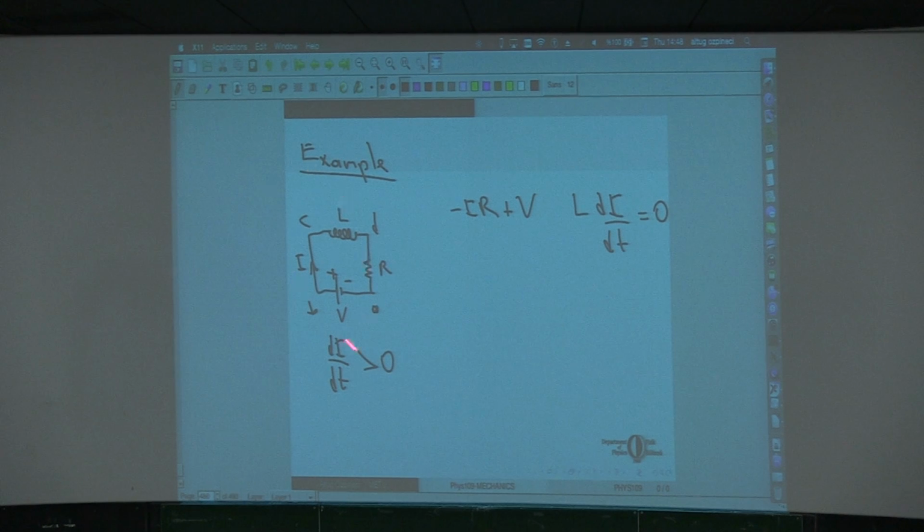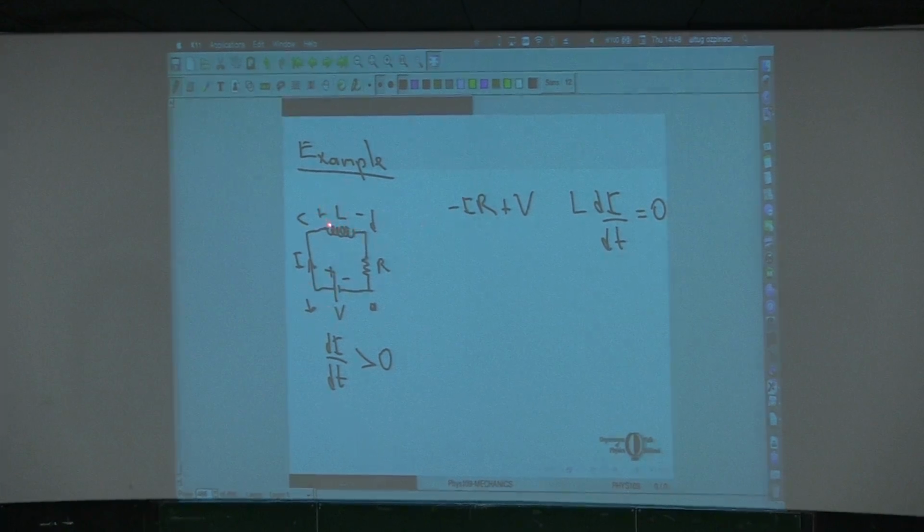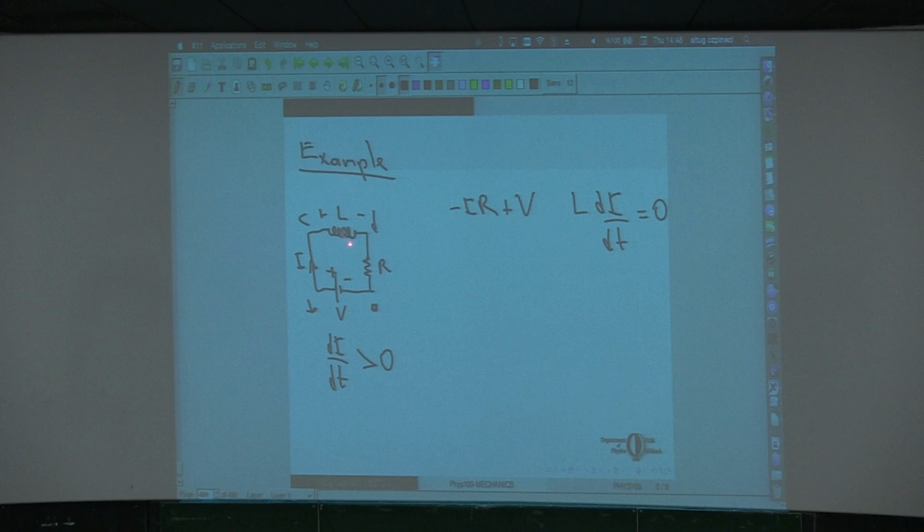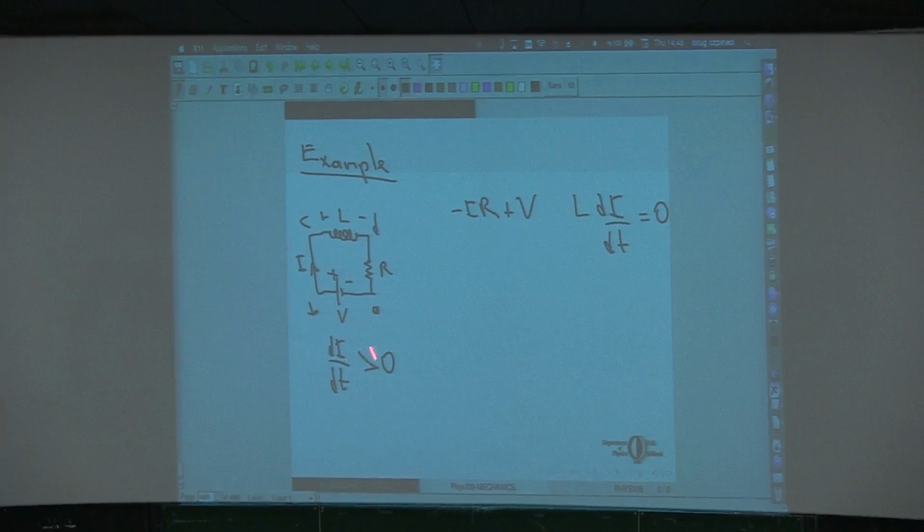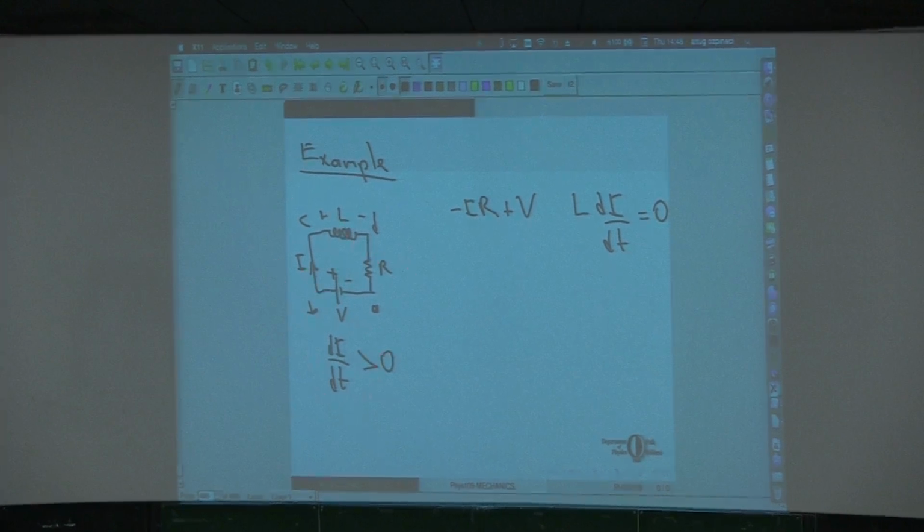So if it is trying to run a current in the counterclockwise sense, you can think of this inductor as a kind of battery with this one the positive terminal, this one the negative terminal. It's like that because a battery with positive terminal connected here, negative terminal connected here, will try to run a current in this direction. And if di by dt is positive, the inductor will also try to run a current in the same direction. In that sense, they are similar.